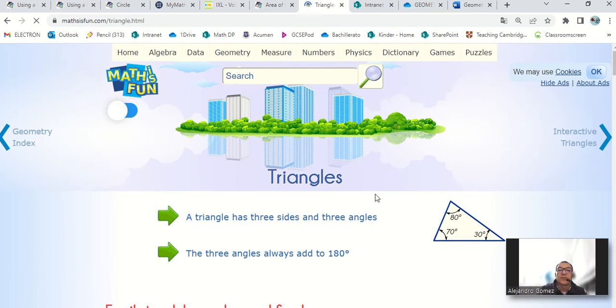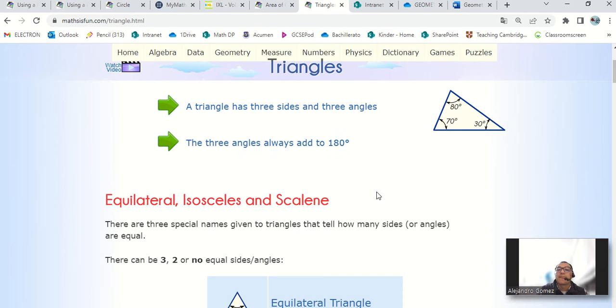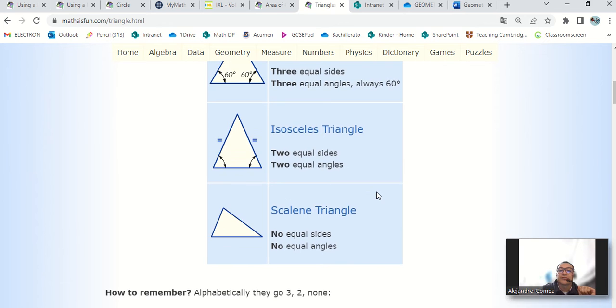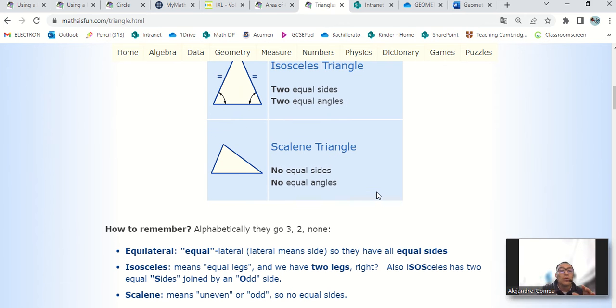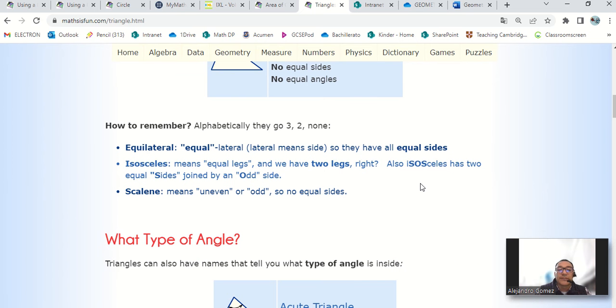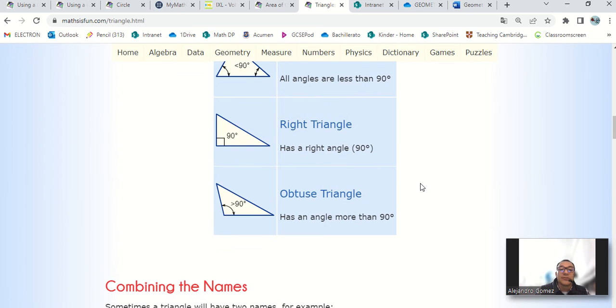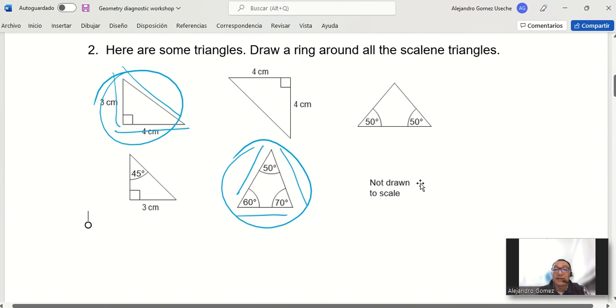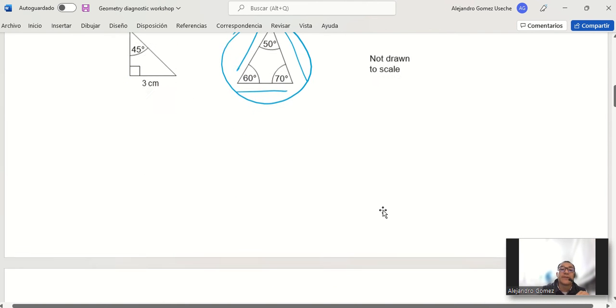So we close this promotion and look at this: triangles, equilateral triangle, isosceles triangle, scalene triangle. All these links I am leaving you are for you to improve, to find extra information, whatever knowledge you want to research about. Okay, we move on.